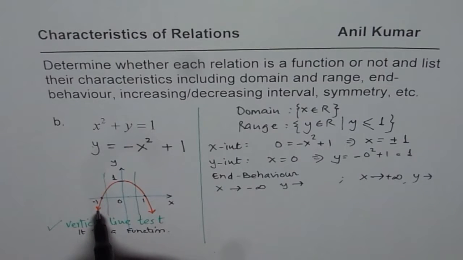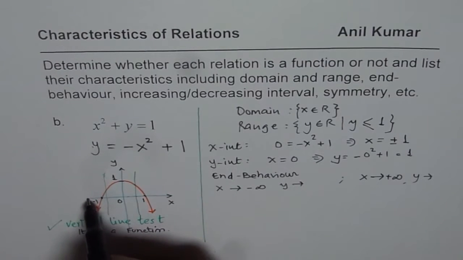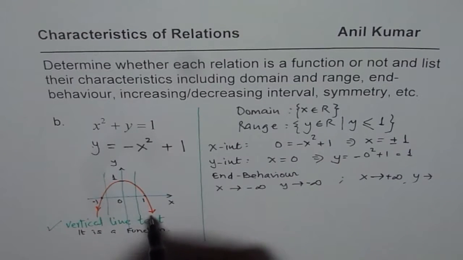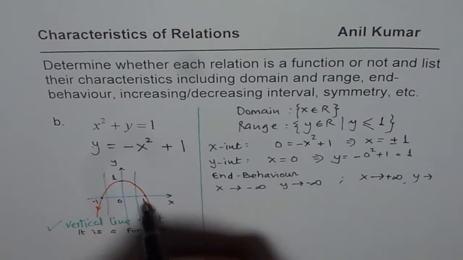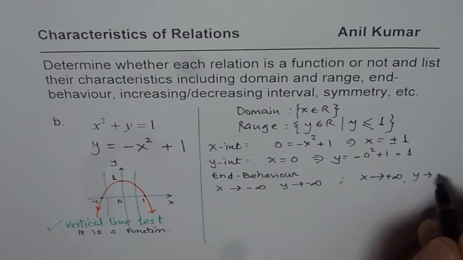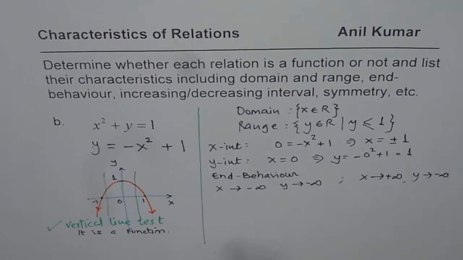You can see from here, if x is very large negative value, y is very large negative value, right? Since the parabola opens downwards, it is always going towards negative infinity. When x is very large positive value, y is very large negative value. So we can write this as negative infinity. So that is the end behavior.